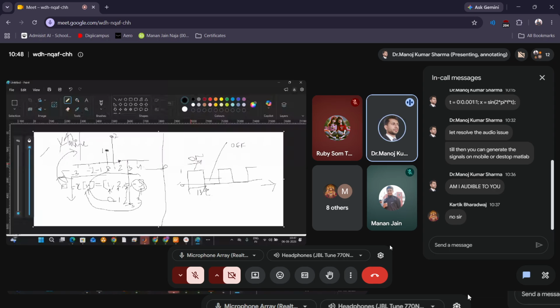Right? So in a discrete time signal, we can have any value, -3, +2, 1, 0, on this side as well as on this side also.